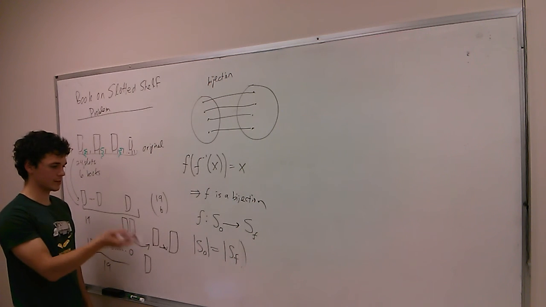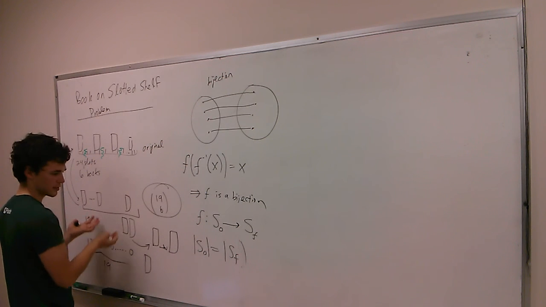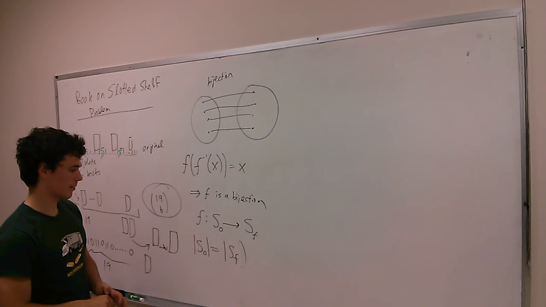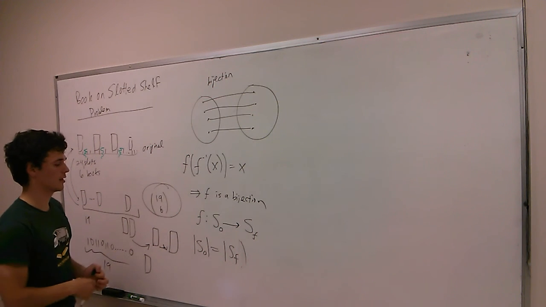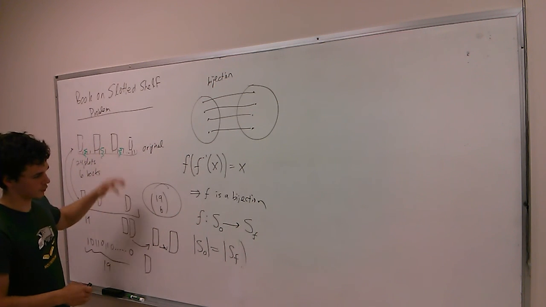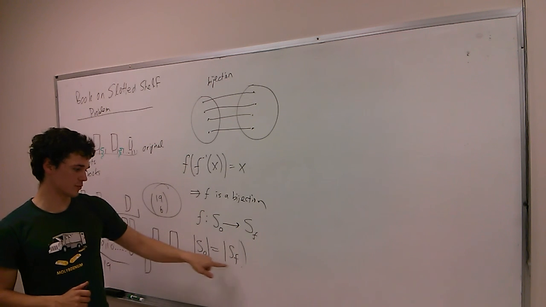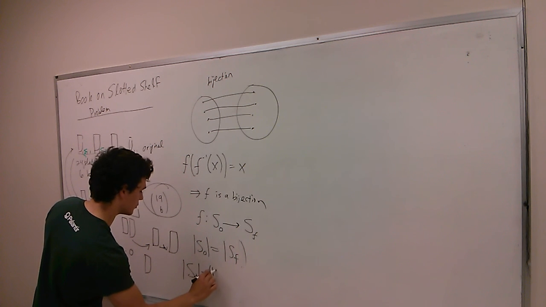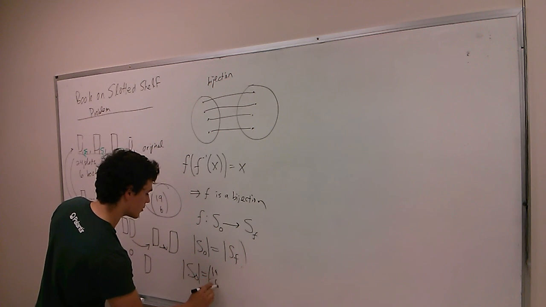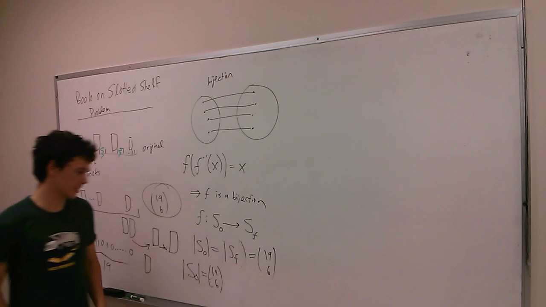So since we know the size of this set, there are no constraints on this, right? And we've computed it. And we've shown that f is a bijection that maps this set to this set. It doesn't matter, you can get an inverse and it's also a bijection. Then we get this result, which tells us that S sub O equals 1926. Since this is equal to 1926, right? That's it, we're done.